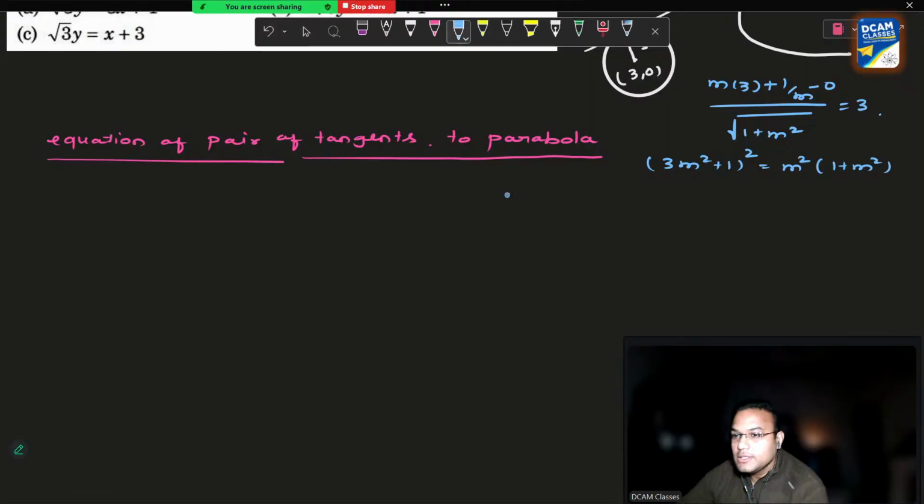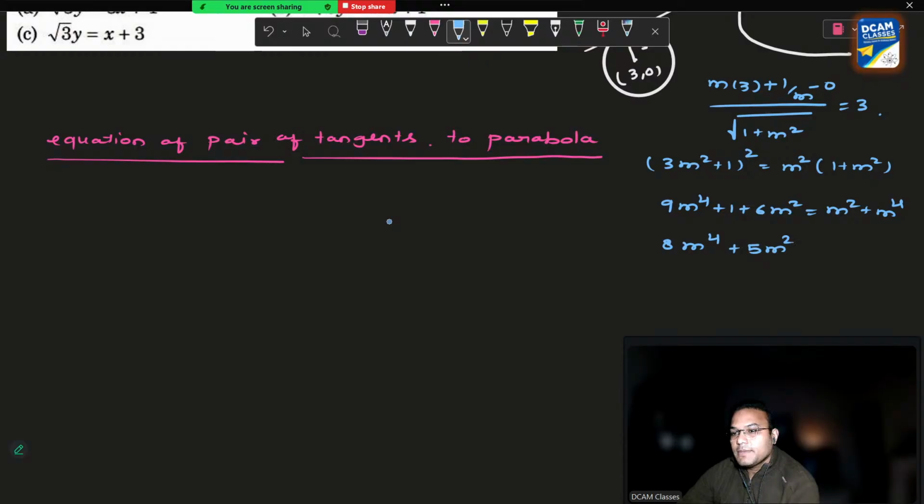You are not able to solve this equation, I think. Yes. 9m power 4 plus 1 plus 6m square is equal to m square plus m power 4 if we solve it. No, it's not that difficult. It should be 8m power 4 plus 5m square plus 1.